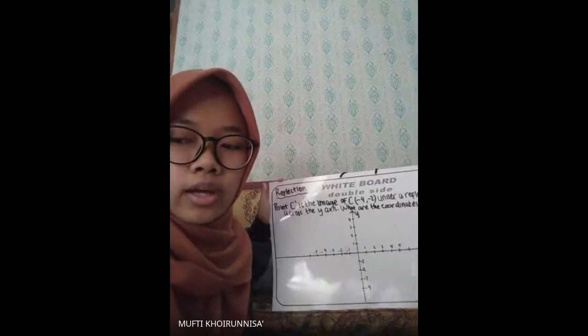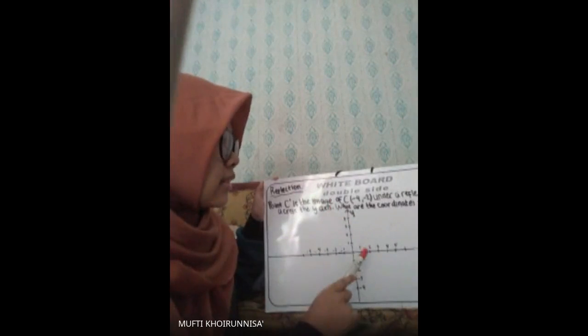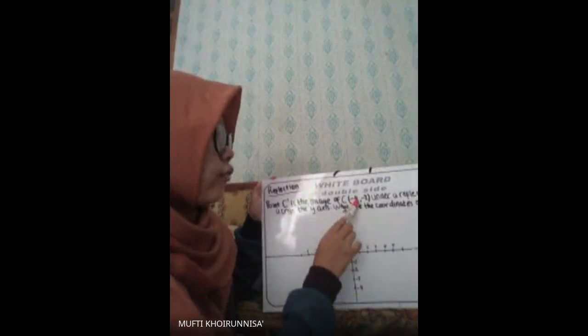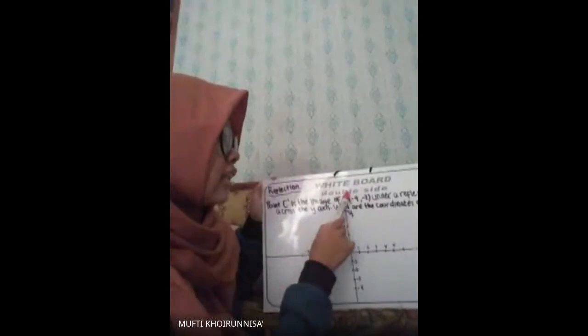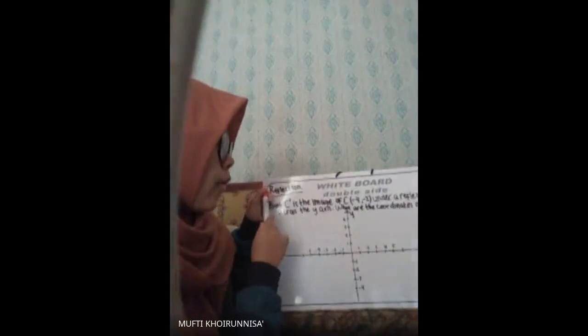Okay, there are several ways to approach it, but now let's solve it with a coordinate plane. Okay, there is the x-axis and the y-axis. So first we must search for point C. There is -4, -2. Because the x value is negative, we are going to move to the left side 4 points. 1, 2, 3, 4.